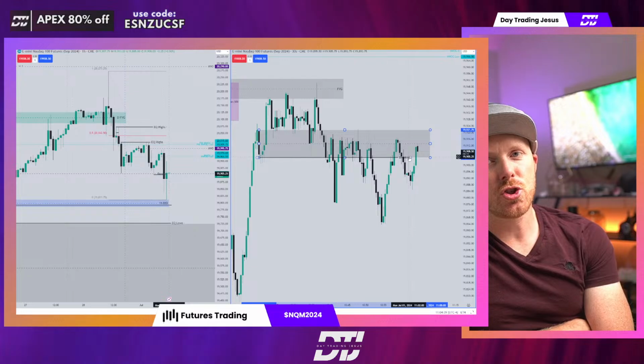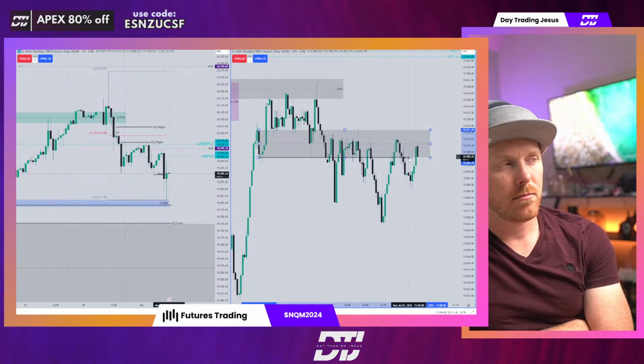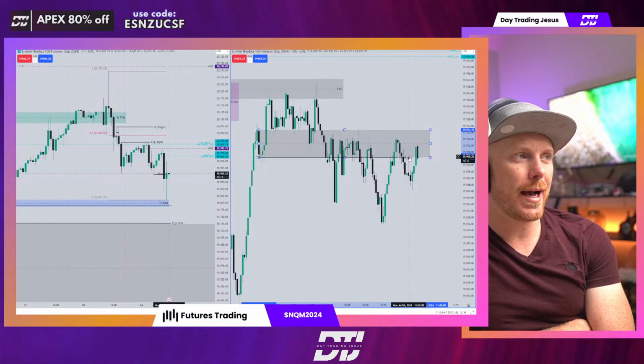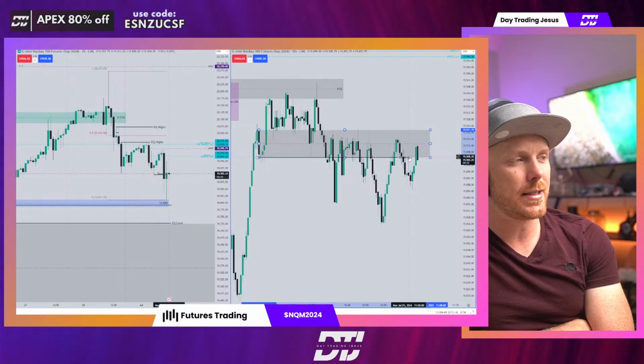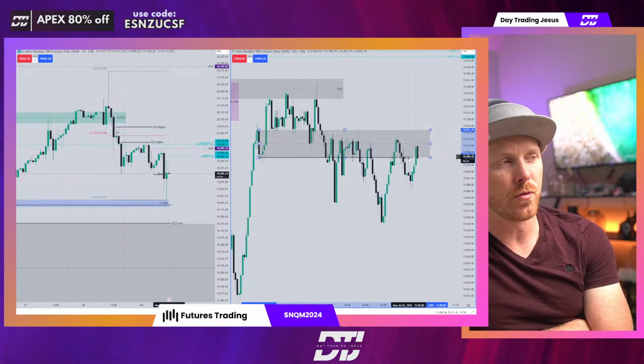It is so doable to get 10 handles on the Nasdaq. Now, I'm not at a point where I'm able to do what ICT does, and he holds for these giant 50 handle, 70 handle, 100 handle moves. I'm not there yet.